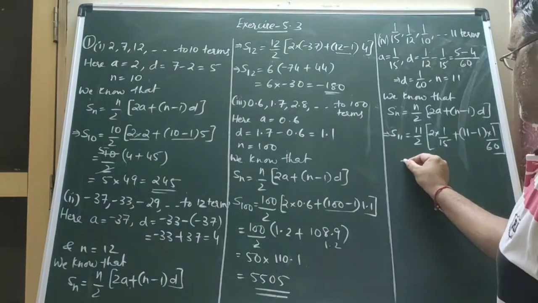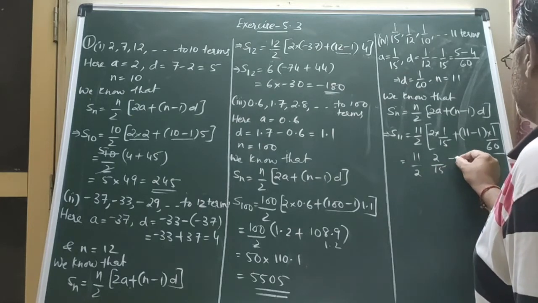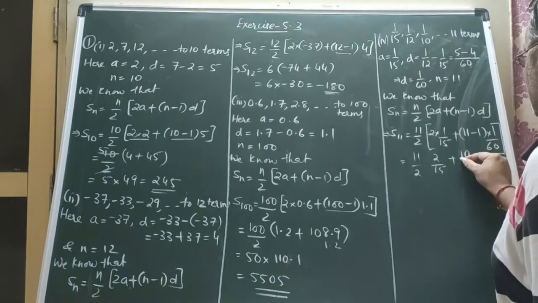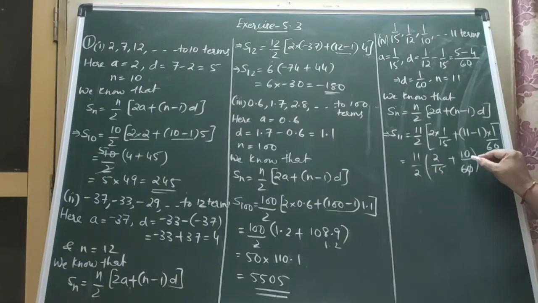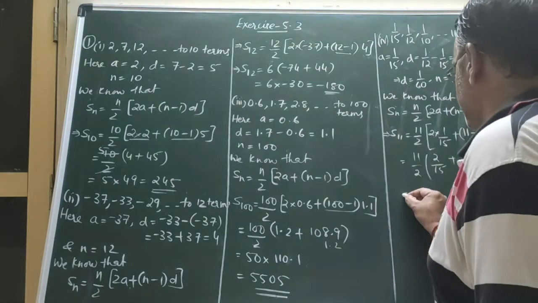Now 11 upon 2, this is 2 by 15 and here we get 10 by 60. 10 by 60 we can write as 1 upon 6. We can cancel one 0. So the LCM of 15 and 6 will be 30.